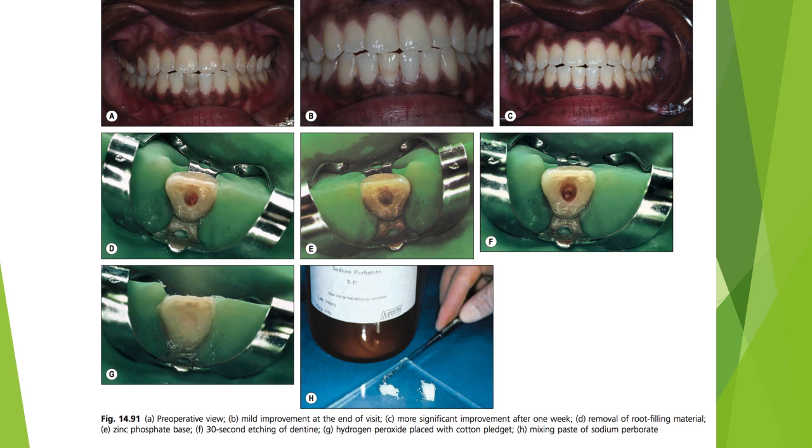A 2 millimeter thick layer of resin or glass ionomer or IRM has been applied, and then the sodium perborate has been mixed with acid or with water and then applied to the pulp chamber, which is sealed with a temporary restoration. The patient has been reviewed after 1 week. We haven't got the result that we want.